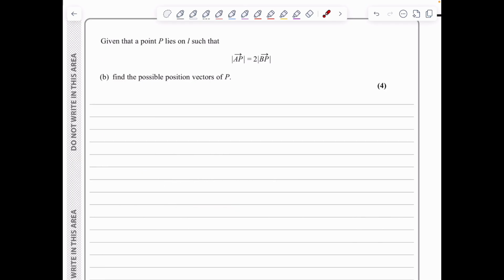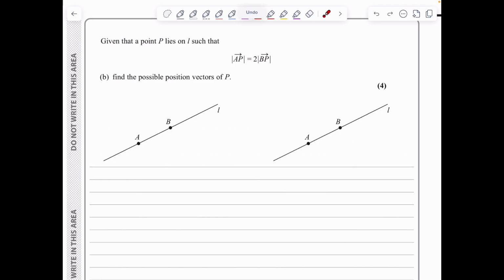We're then told that there's a point P lying on L such that the distance AP is twice the distance BP, and we need to find the possible position vectors of P. So looking at the diagram, we've got two cases to consider. The first case that P lies between A and B, so that the distance AP is twice the distance PB, which means that P is splitting AB in the ratio 2:1.